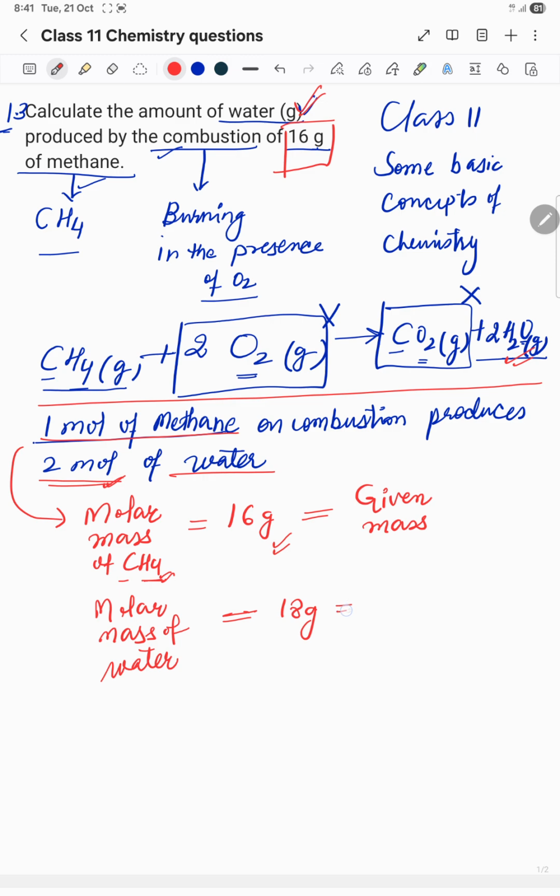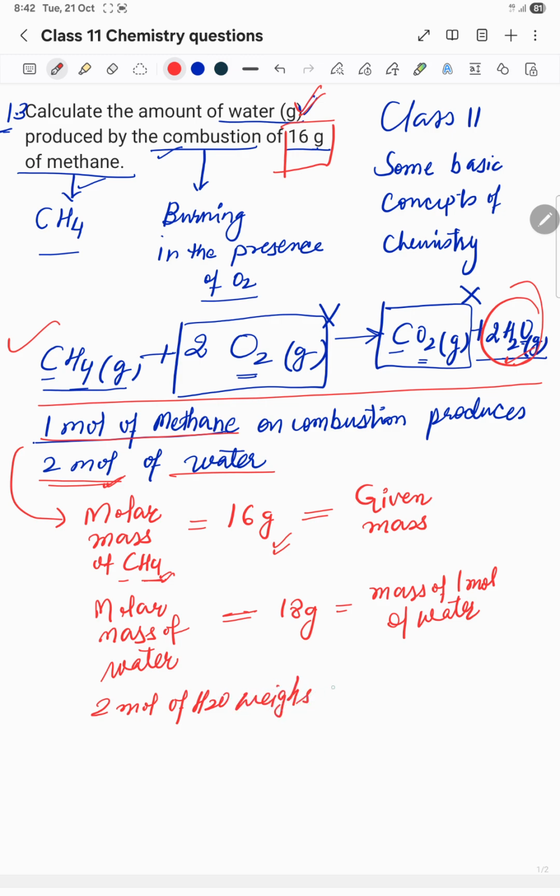So this is the mass of 1 mole of water. But in the balanced chemical equation, there are 2 moles of water. So what will be the mass of 2 moles of water? That is molar mass multiplied by number of moles. That is 2 into 18, which is going to be 36 grams.